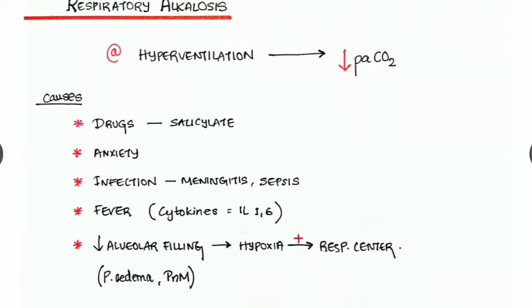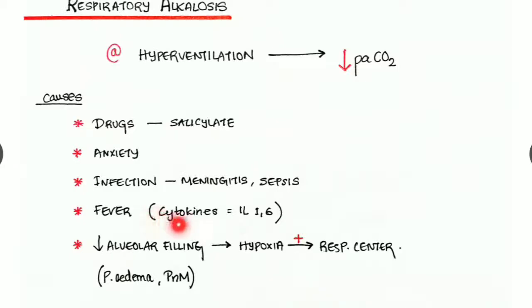What are the causes? Mainly drugs like salicylate. Due to anxiety, when we are anxious, we breathe rapidly and much deeper. Infections like meningitis, sepsis, etc. In fever. Fever causes increased respiratory rate, and that causes washout of the carbon dioxide.